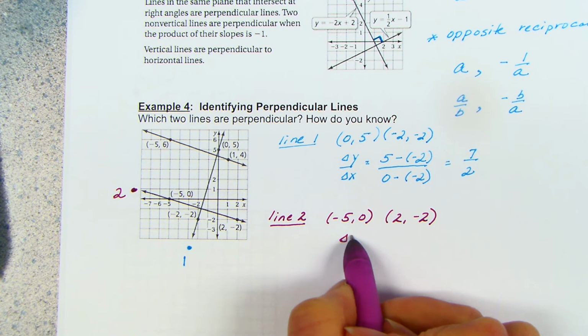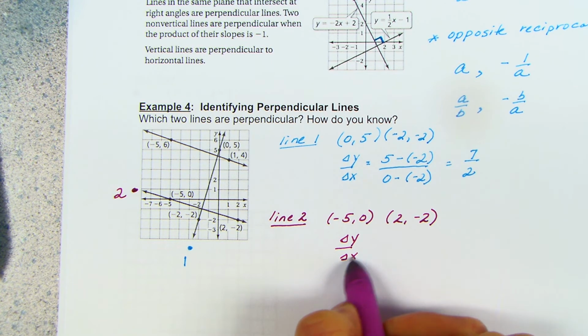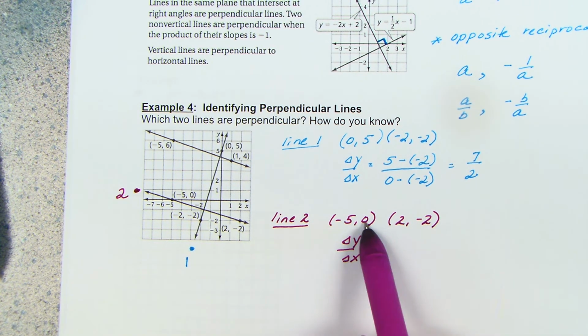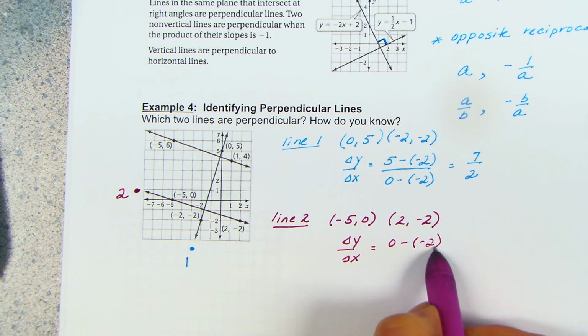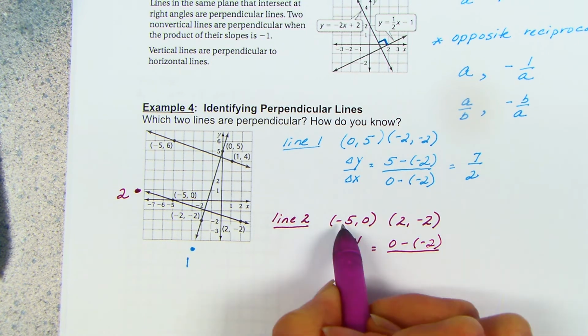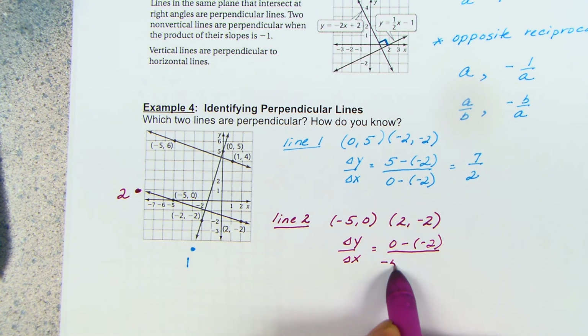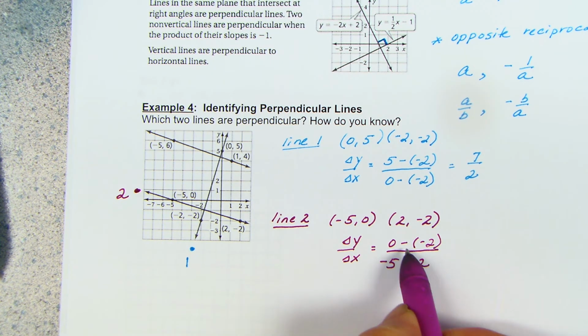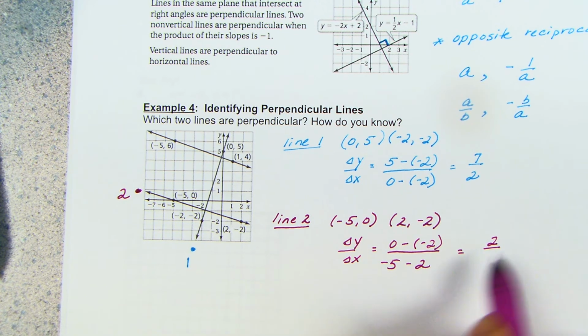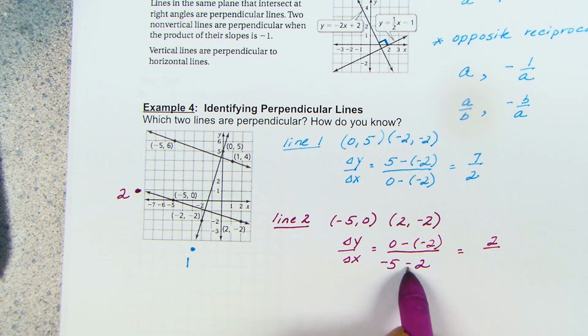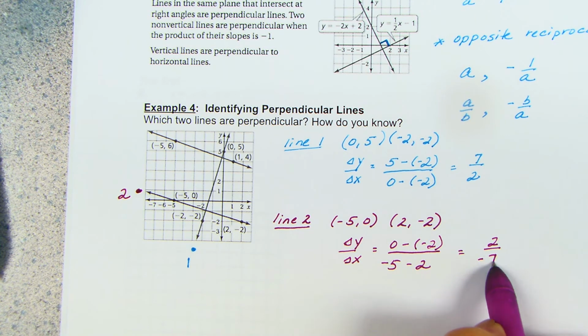Okay. Change in y over change in x. 0 minus negative 2, over negative 5 minus positive 2. 0 minus negative 2 is 0 plus 2, which is 2. And negative 5 minus 2 is negative 7.